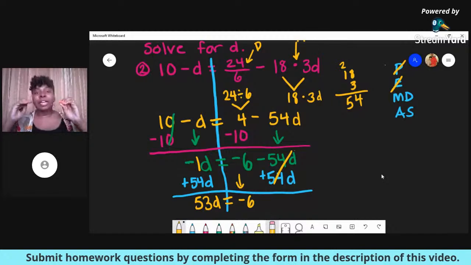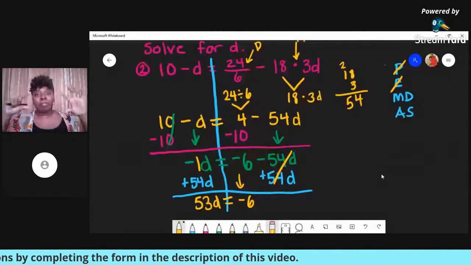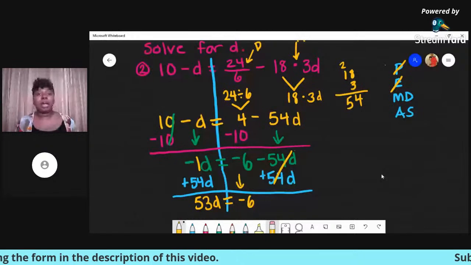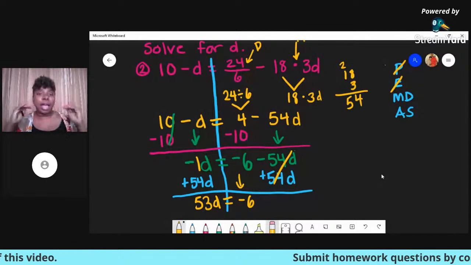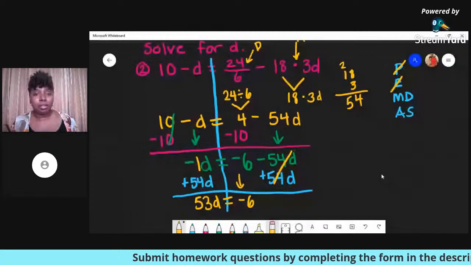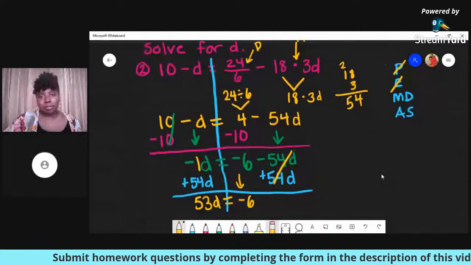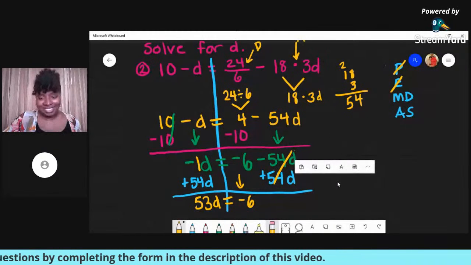It's very clear. And if you want to, use highlighters to keep track of what you're doing. You see how I'm using different colors? If that helps you, do that so that you can keep track of what did I just do and what do I still need to do. Okay, so we're almost there.